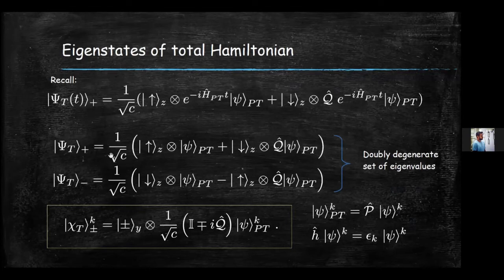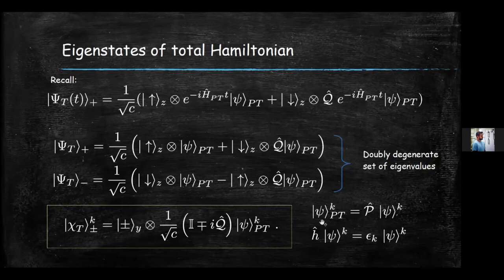As it turns out, these states are doubly degenerate in nature, and since they are doubly degenerate, what we can always do is rewrite them in terms of some separable set of states, where this ancilla, which is the extra degree of freedom that has been brought in, is always separated from the rest of the PT-symmetric spins that we brought in to simulate.